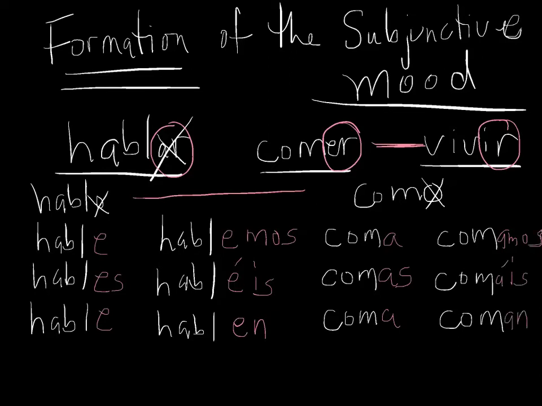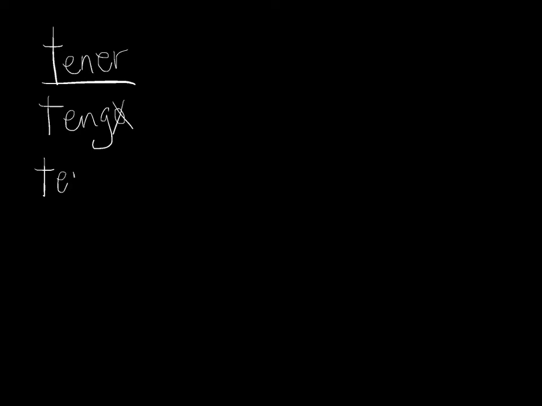Okay, so far, nothing tricky. Let's talk about what if a verb like the verb tener is irregular in the yo form. So if I begin with this yo form, cross off the O, this is going to be a little bit different from what we've done in the indicative mood. This stem is actually going to carry all the way through the forms in the subjunctive.